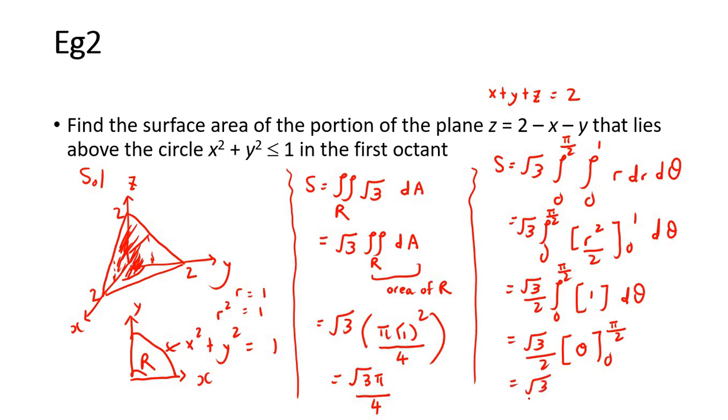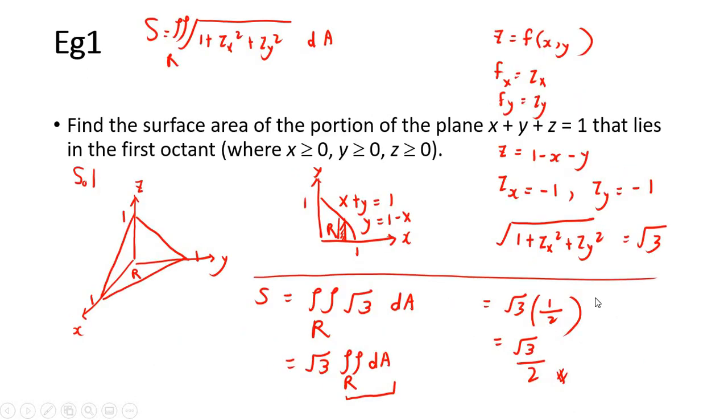That's why you get square root of 3 over 2 times pi over 2. Because I factor out a half, the area of the quadrant of the circle is actually pi over 4. So you get square root of 3 pi over 4. Same thing as the first example. You can double check using the double integral.